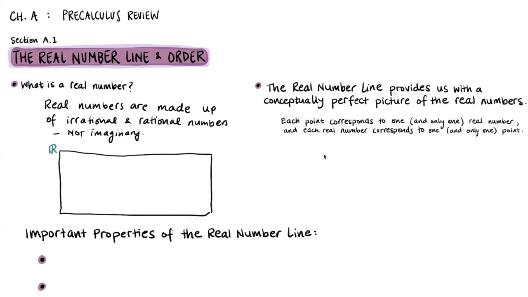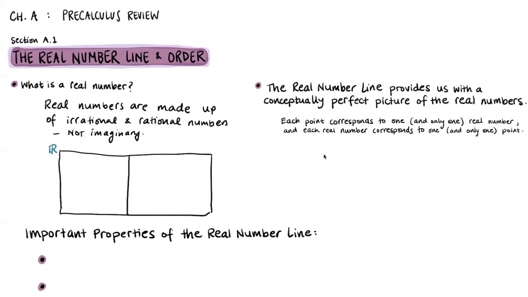An R with a double line on the side stands for the real numbers. Every single real number can either be irrational or rational. So we're going to divide this up. It's not quite half and half. There are way more irrational numbers than rational numbers.